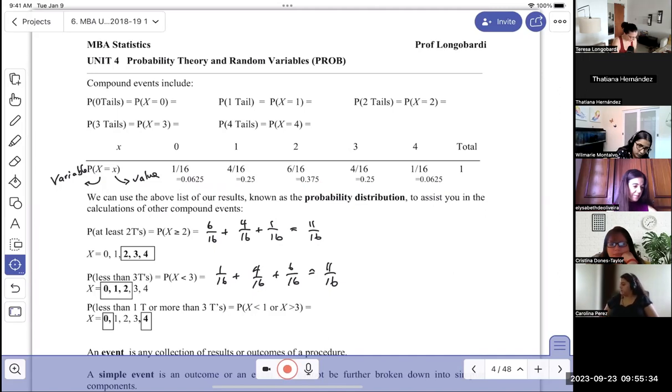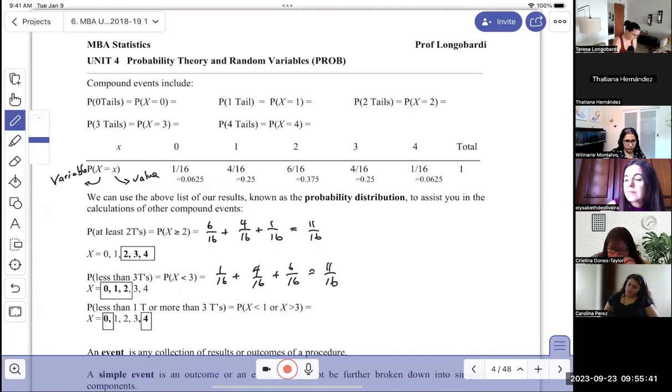And again, the equal sign matters. I'm not going to include it because I don't want to include 3. And then less than 1 tail and more than 3 are the extremes, 0 and 4.